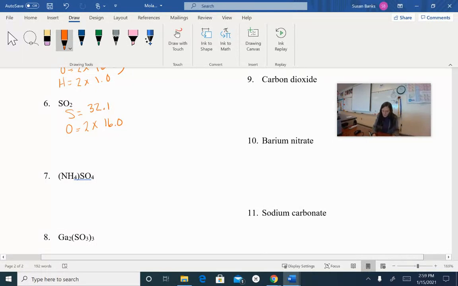So here we go. Let's add that up. 32.1 plus 2 times 16 gives me 64.1. 64.1 grams per mole for sulfur dioxide.